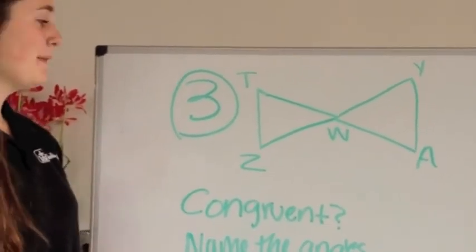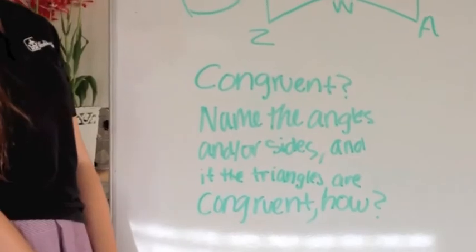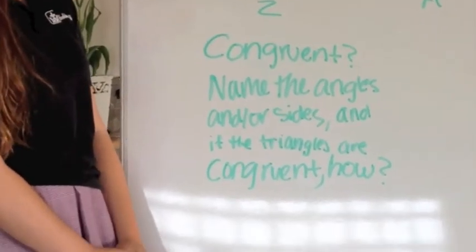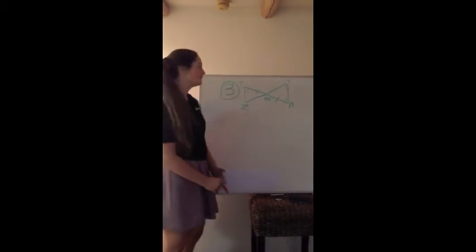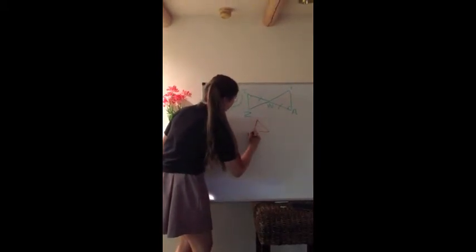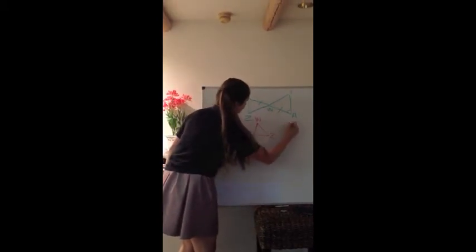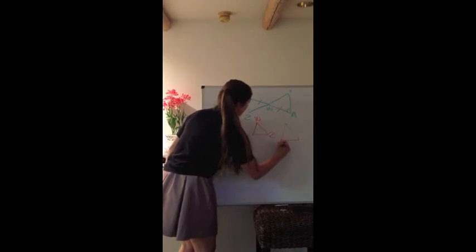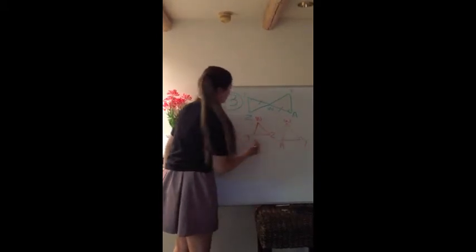Name the congruent angles and or sides, and if the triangles are congruent, how? For the answer to this problem, it's best to separate the triangles. So, we have triangle TWZ and triangle AWY.